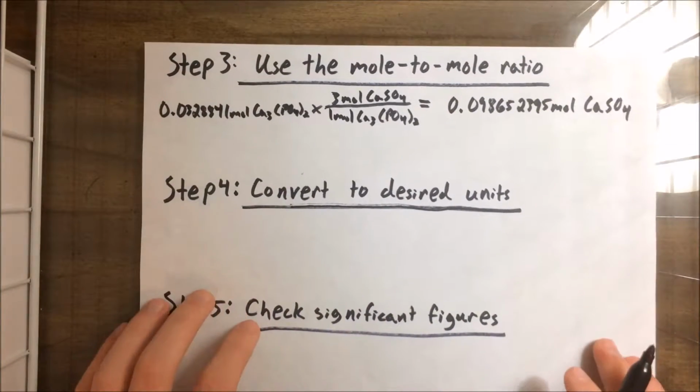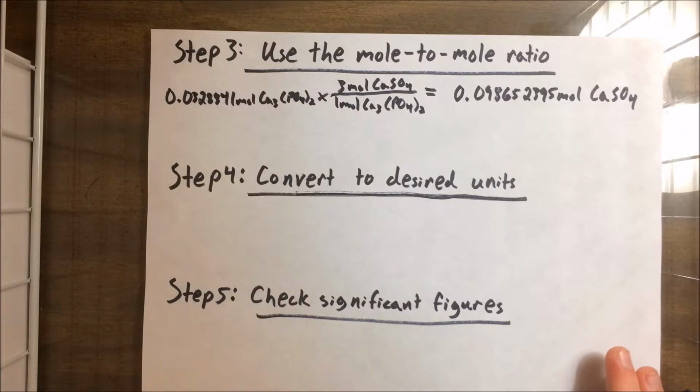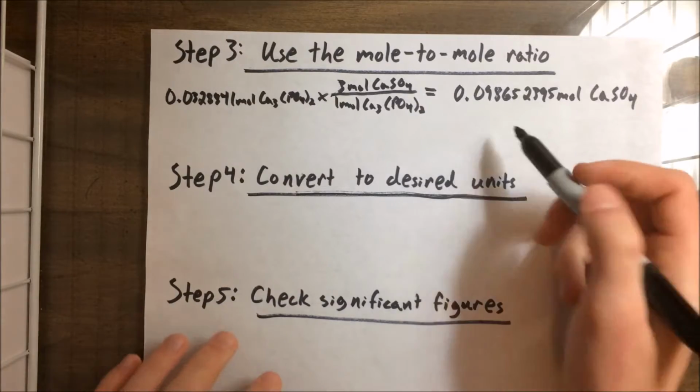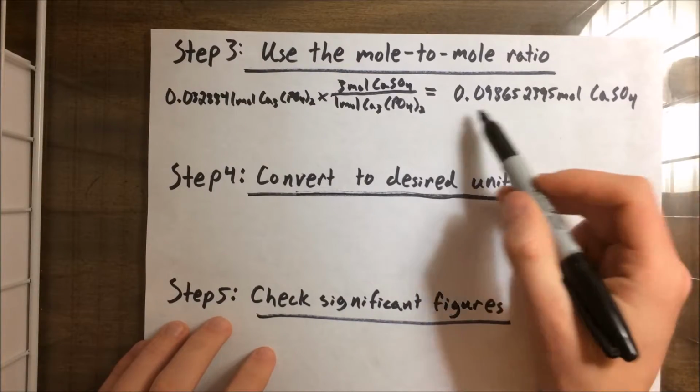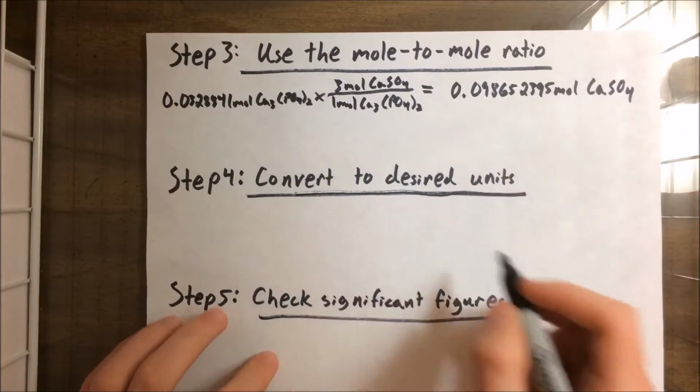Okay, so in the original problem, it asked for the mass of calcium sulfite. So we need to convert the moles that we have here into mass.